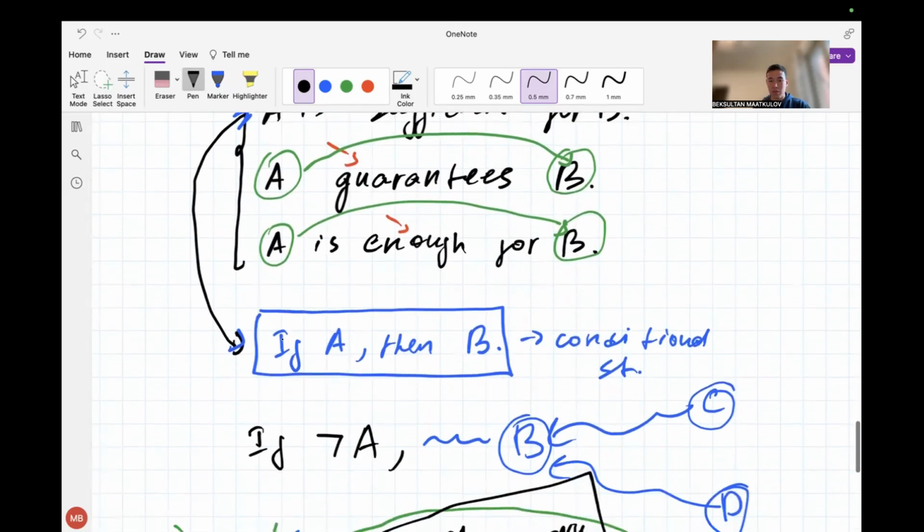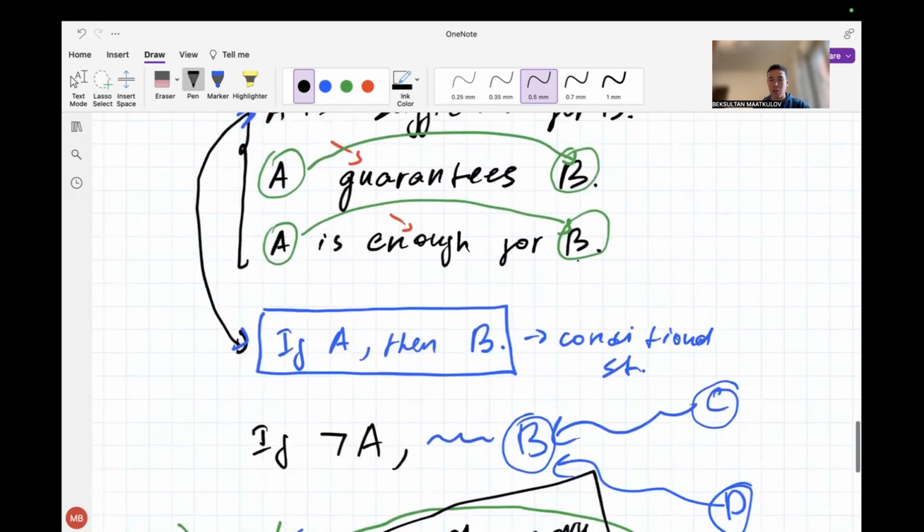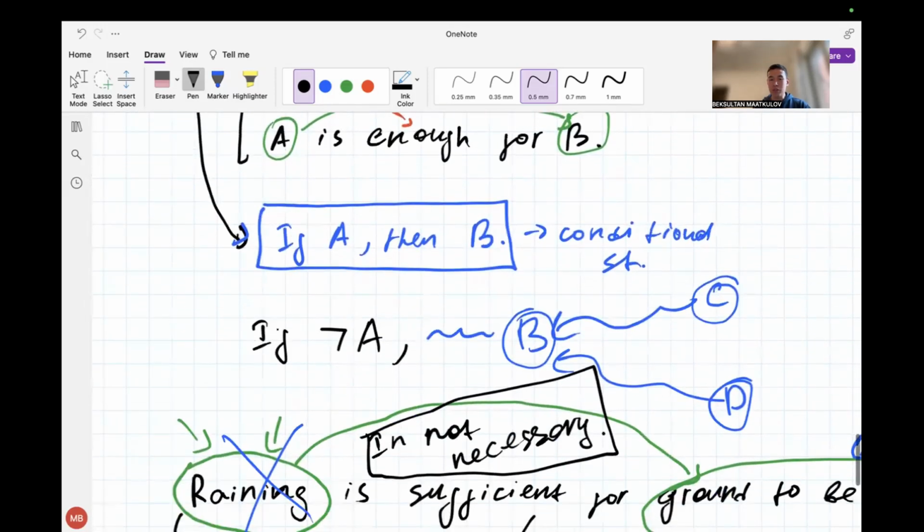So if A then B, this is the same as telling that A is sufficient for B. But you could still get to B without having A. So it means that A is not necessary. But sometimes you could have necessary and sufficient condition together. We will see it a little bit later.